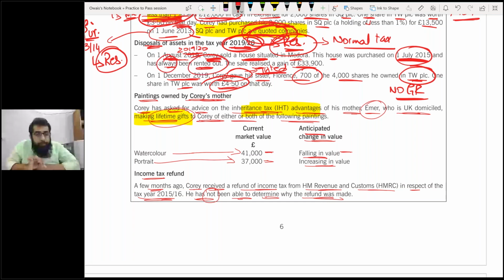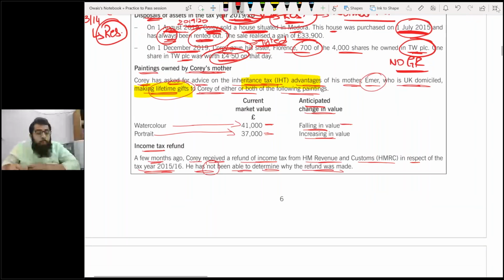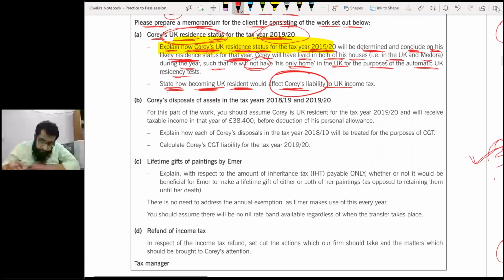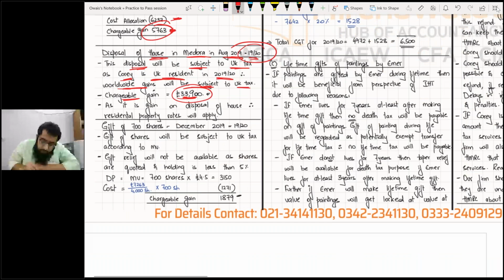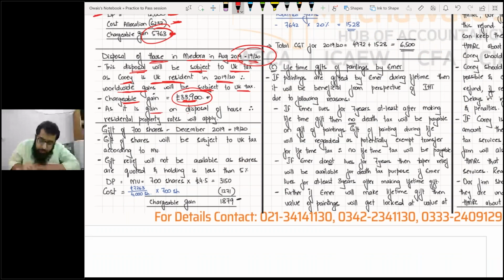Karthik, you asked for PPR, no PPR because the house was always rented out. As it is a gain on disposal of a house, residential property rates will apply. If you remember, there are higher rates of CGT on residential property, 18 and 28% rates.